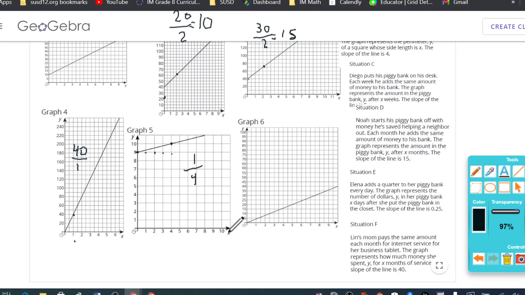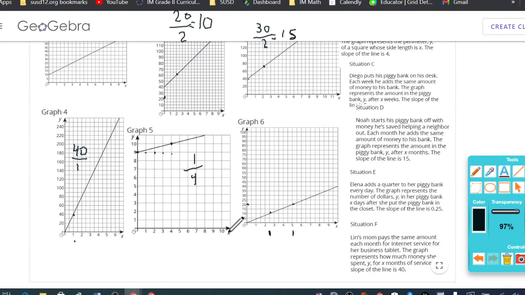Okay? This line starts at the origin, and the easiest point to read looks like it's right here. There's a point that I can read. Here's another point that I can read, and that may be even easier because this is at x equals 5. This was at x equals 2.5. I'm going to read this point, okay?